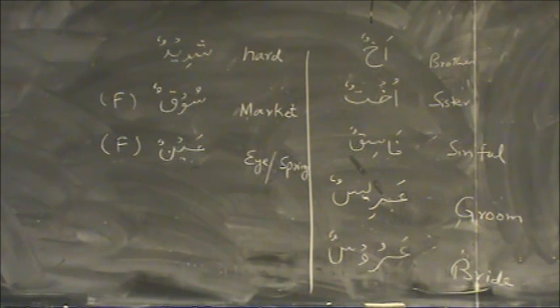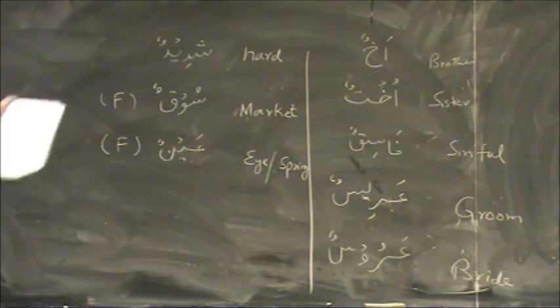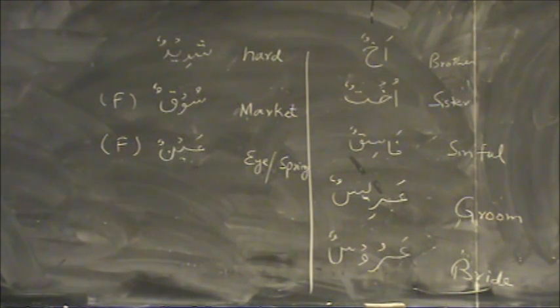Actually, I forgot to tell you that the names of countries are mostly feminine of third type. So they are mostly called she, okay, feminine. And also the parts of body that come in pairs, like we have 2 hands, 2 feet, 2 ears, 2 eyes. So these are also called feminine of third type. Okay.